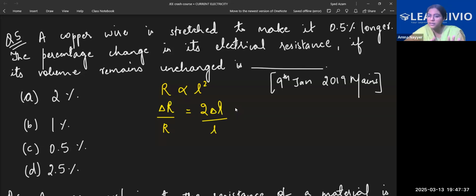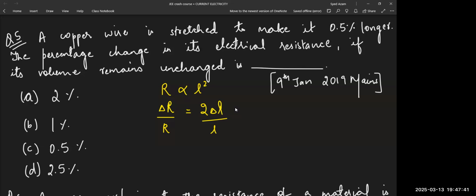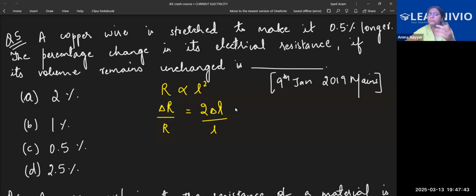Is it clear, this part? Yes, ma'am. Okay. So whenever you have the equations, do it in this manner. If you have to find out the change, percentage change in fraction, so this is very easy. Now, what is the percentage? For the percentage, we need to multiply it with 100. Right. So 100 will be on this side also for the resistance change. I'll write it like this.